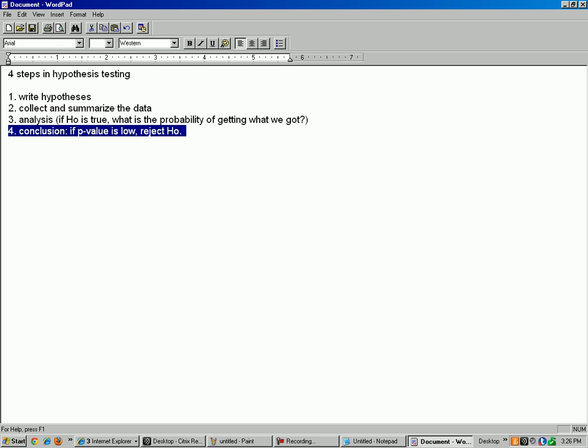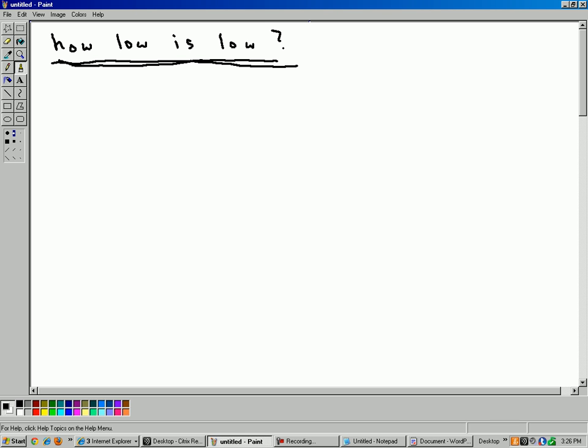If the p-value is low, you reject the null hypothesis. All right, so how low is low enough? I'll give you a quick answer, and then I'll give you a little bit more detail about it.